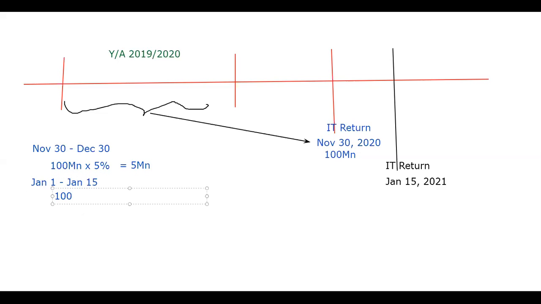Here 100 million into 1% is 1 million. December 1st to December 31st we'll say the first month. Then all together how much? 6 million.